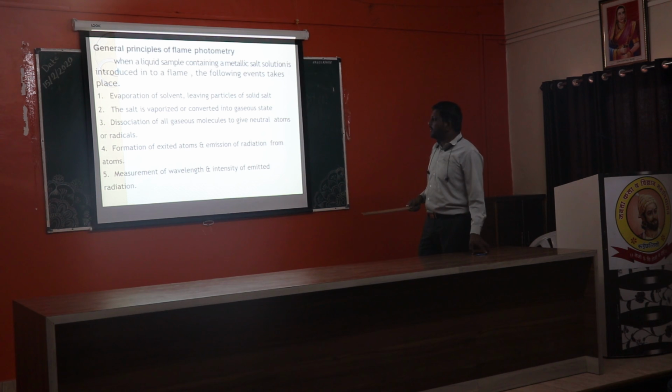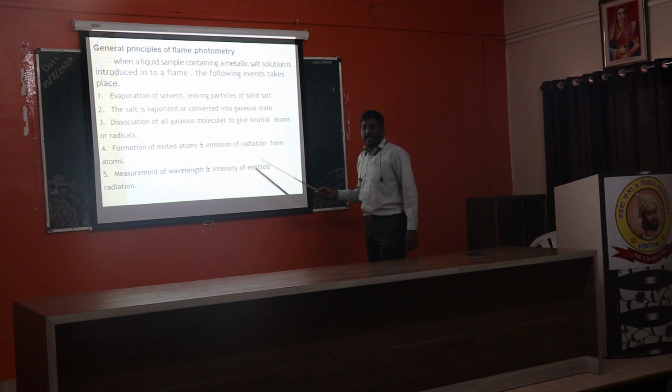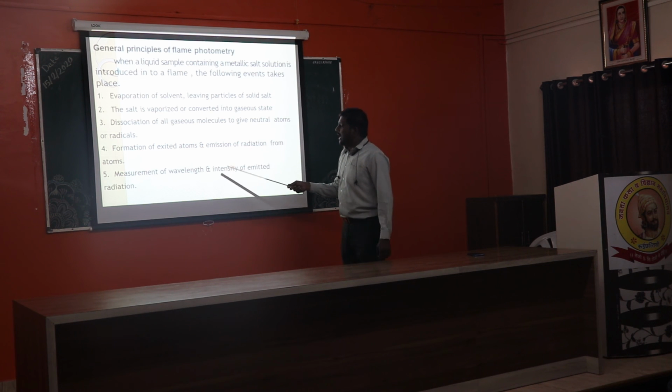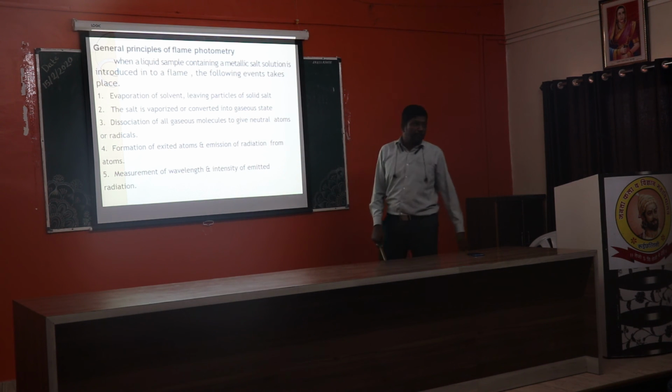Fourth, formation of excited atoms and emission of radiation from the atoms, and measurement of wavelength and intensity of emitted radiation. These 5 steps happen when the sample is introduced into the flame.